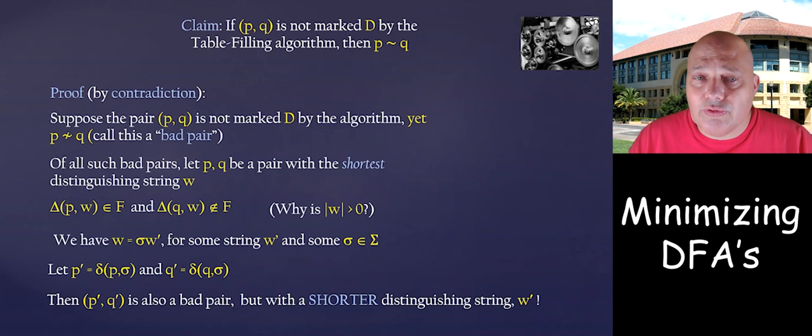For two distinguishable states, P and Q, their shortest distinguishing string cannot be longer than the number of iterations of this algorithm, which is less than Q squared, the number of states squared.